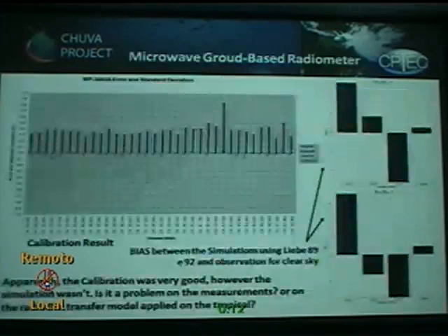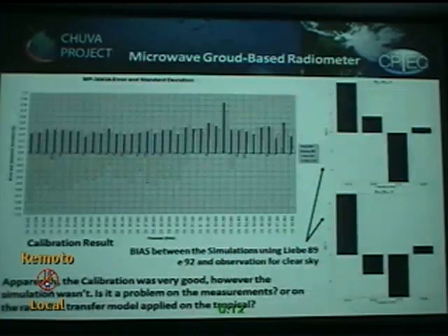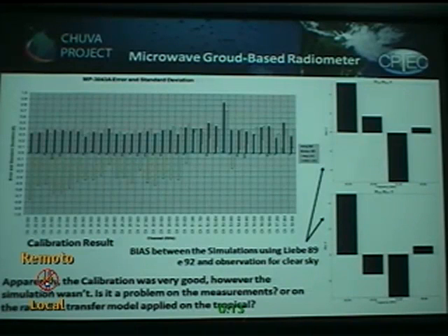This is calibration. It's just used for Fortaleza, for example. Okay, the calibration is very good. The brightness temperature error is a maximum of 1 Kelvin. But if you are using the radiometer to do simulations, we have a slight bias. So my question is, okay, if the calibration is okay, why is the simulation not?